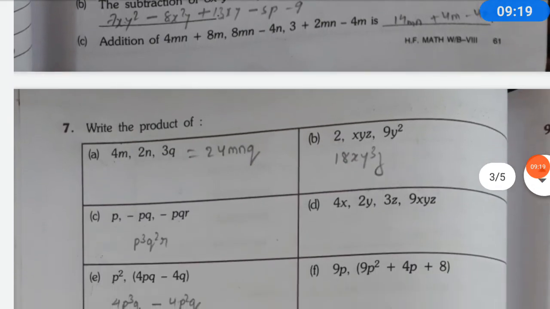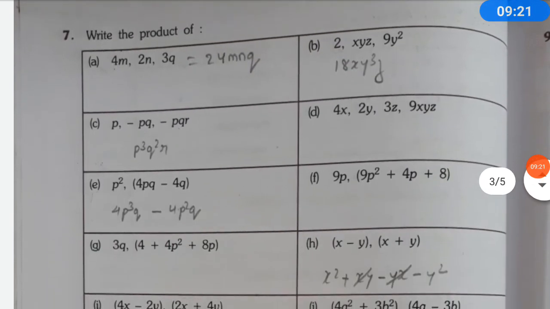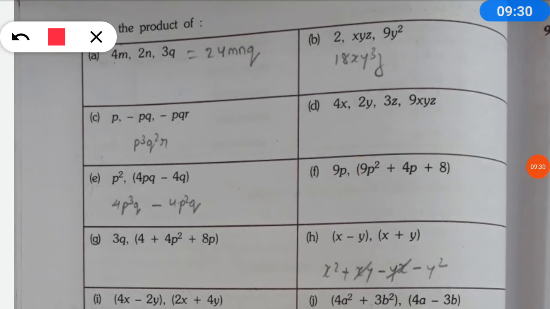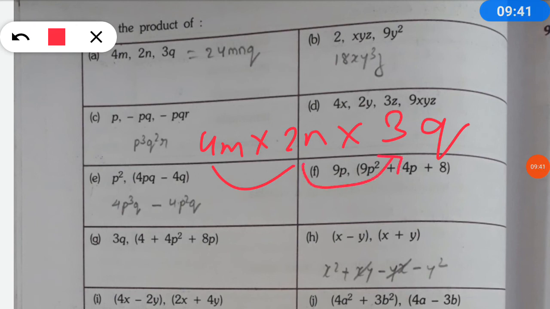Clear? Moving toward the next question: write the product of, that means you have to do the multiplication, isn't it? So 4m will be multiplied with 2n and then with 3q. 4 multiplied with 2 will be 8, 8 multiplied with 3 will be 24, isn't it? m, n and q will remain as they are. So 24mnq is the required answer.